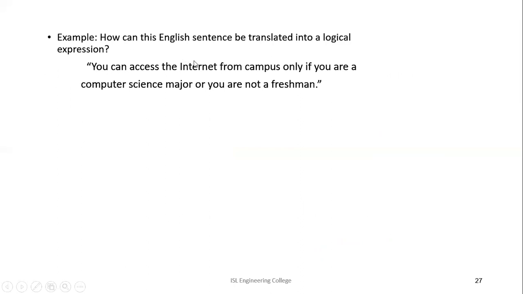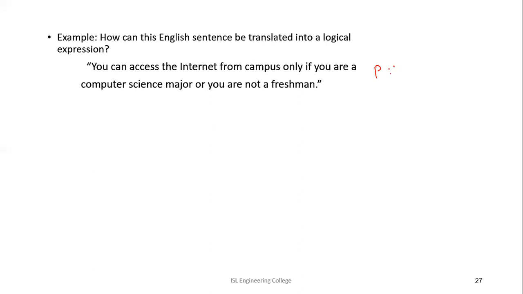Now the next example is: how can this English sentence be translated into a logical expression? The statement is "you can access the internet from campus only if you are a computer science major or you are not a freshman." First we have to do the same thing, that is create our simplest propositions.